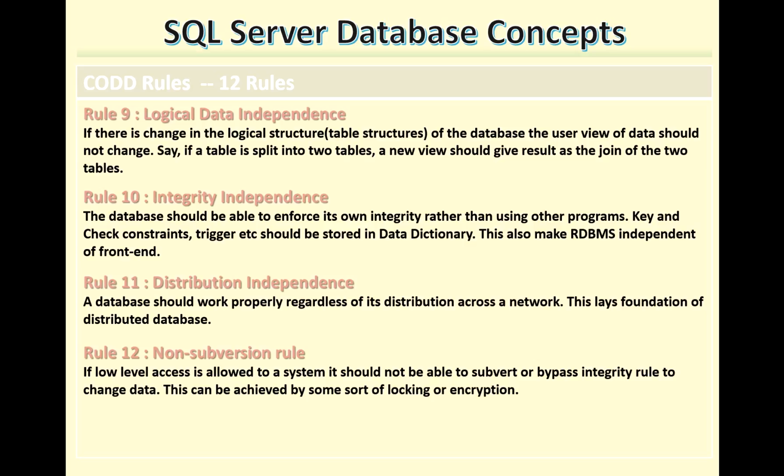Let's say there is some UI or front end application accessing the employee details. That front end application should not be interrupting the integrity of the database. That should not be allowed. So when the integrity is defined and set up within the database, the outside applications cannot break that integrity. That's what it says.